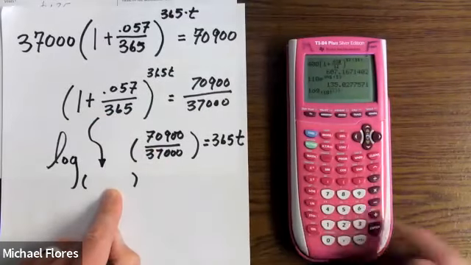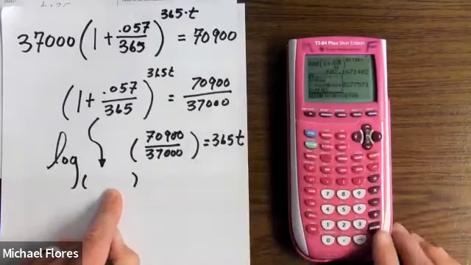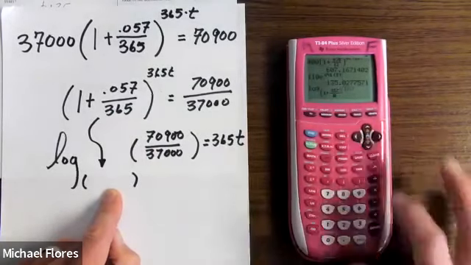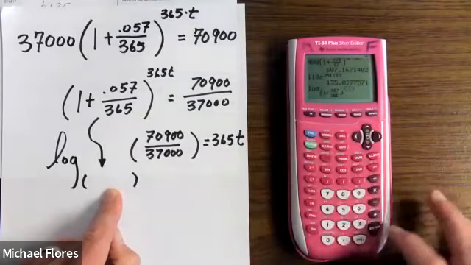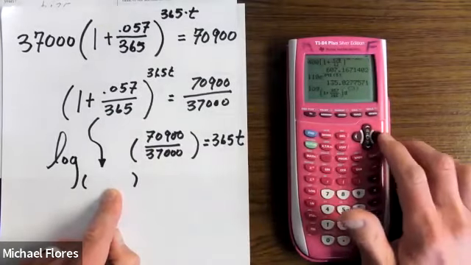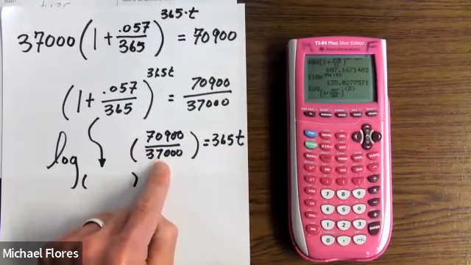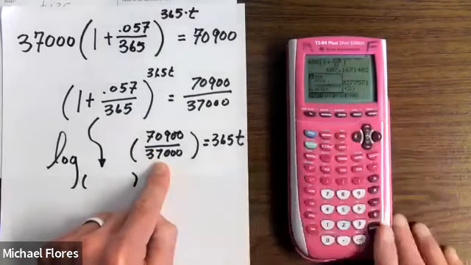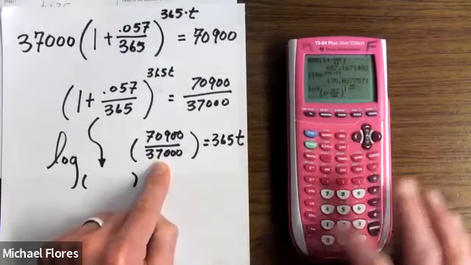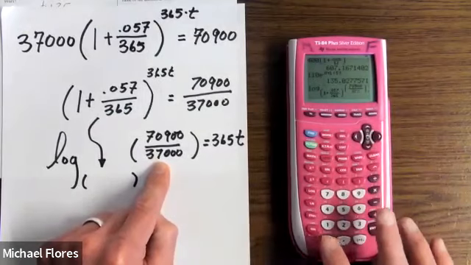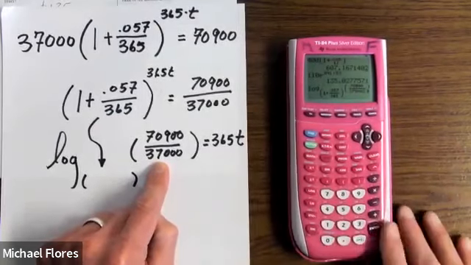So 1 plus 0.057 over 365, close parentheses. Now I'm going to scroll to the right, and I'm going to enter this portion in. And then hit enter.